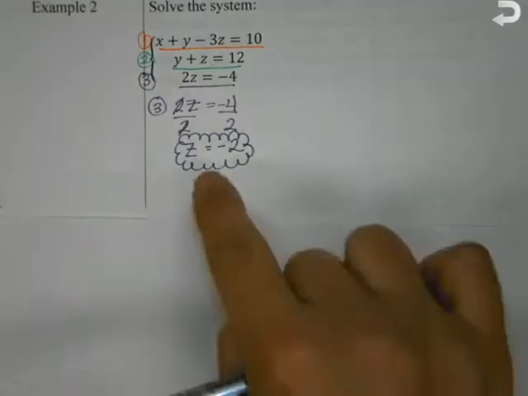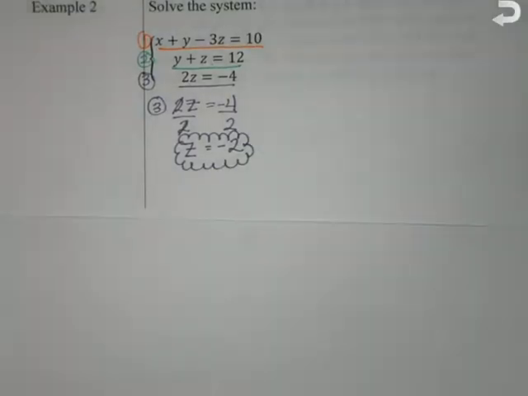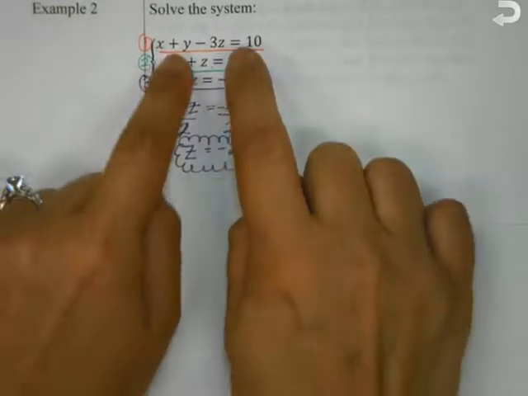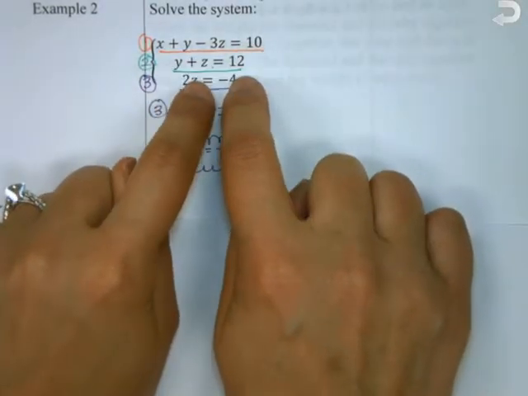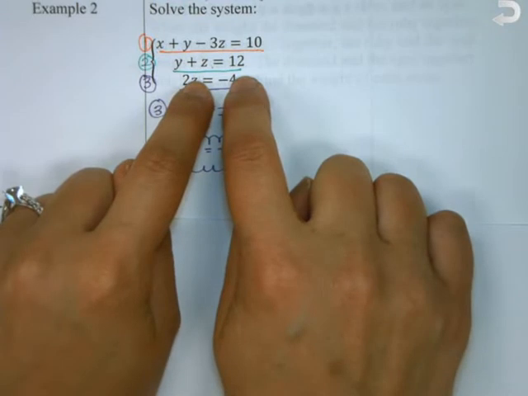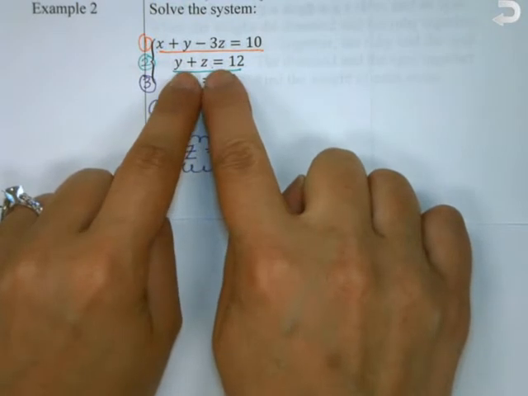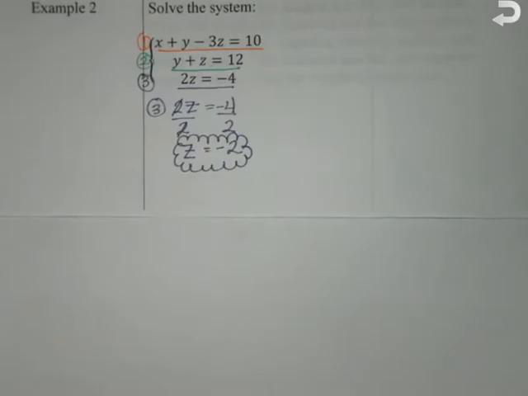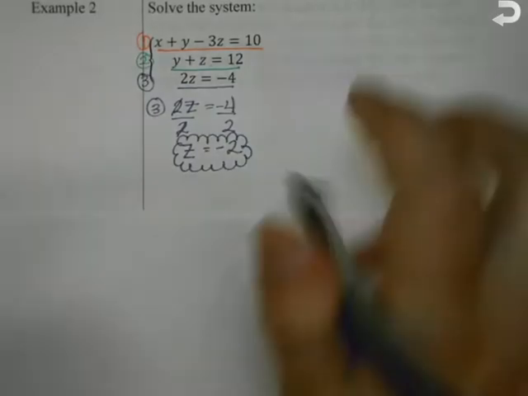Okay, so now that I know what z is, could I plug it into one of the other 2 equations to solve for a different variable? Sure, what about number 2? If I plug z in, I have y by itself, right? So let's look at number 2. I'm going to put a 2 next to my work, just so I know what I'm working with, and plug z into here.